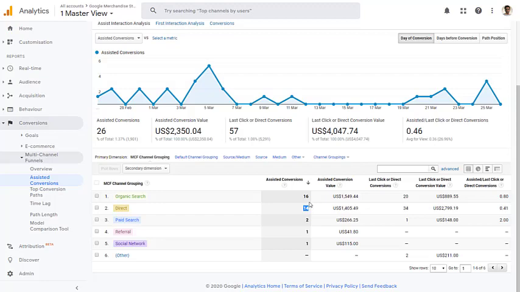It's unfortunate people are not directly converting, but users are getting encouraged. People are finding my product through search, and next time they are converting. If there is no search, if people are not finding my product, of course there is no hope that they will come back to my website and convert. These are the assisted conversions.